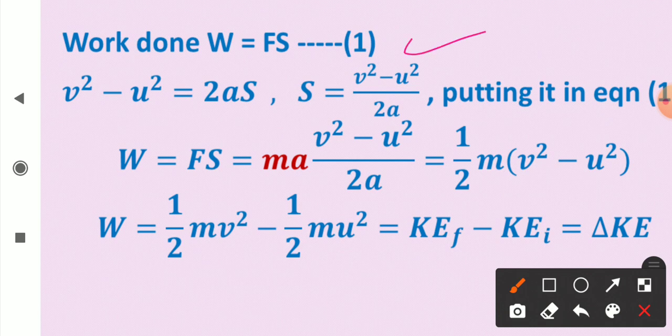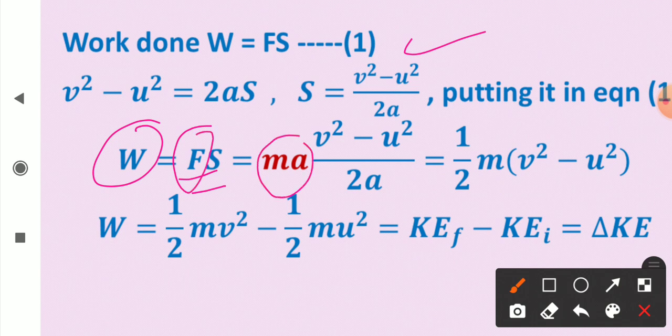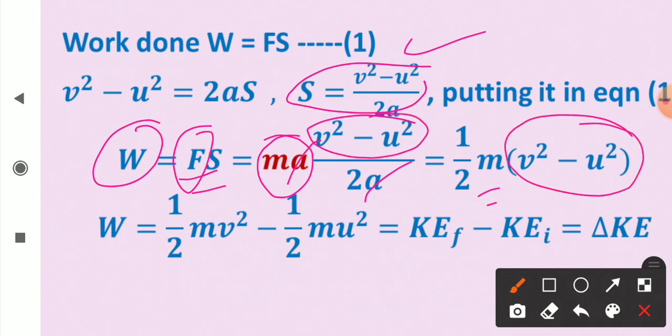from equation 1, work done W is equal to force into displacement, and you know that force is equal to ma, F is equal to ma. Use S from this equation. So v square minus u square upon 2a, and here this a is cancelled, and then we can keep 1 upon 2m outside bracket, and inside bracket we get this whole thing, v square minus u square.